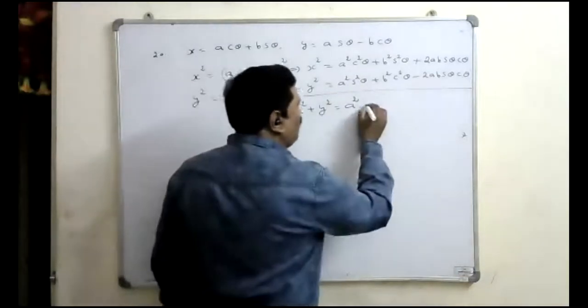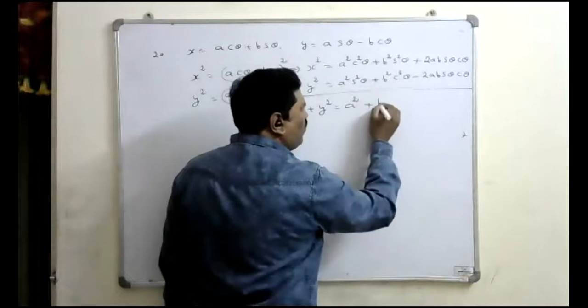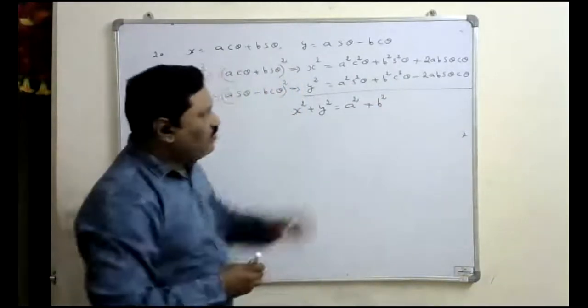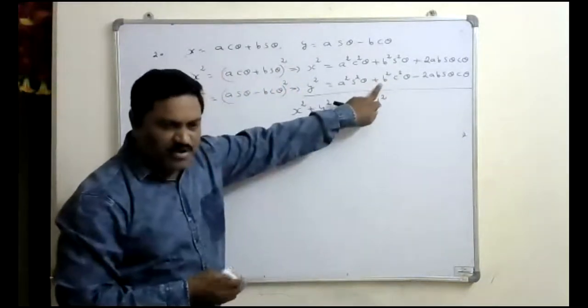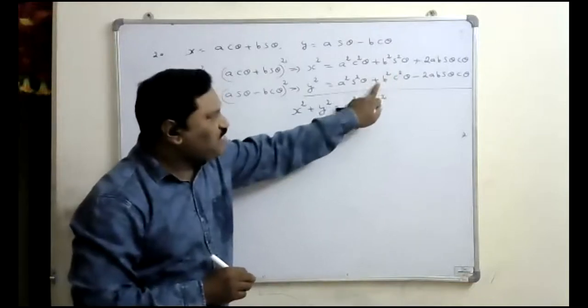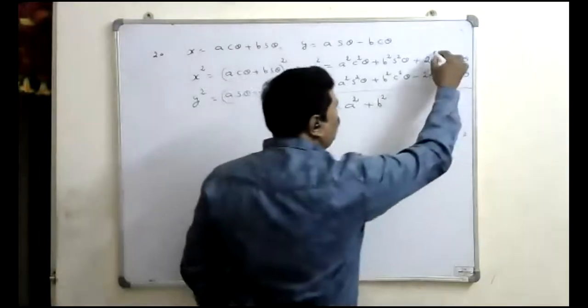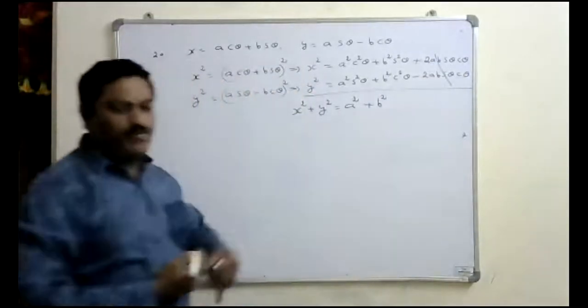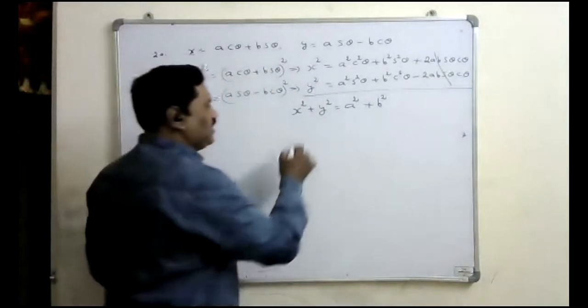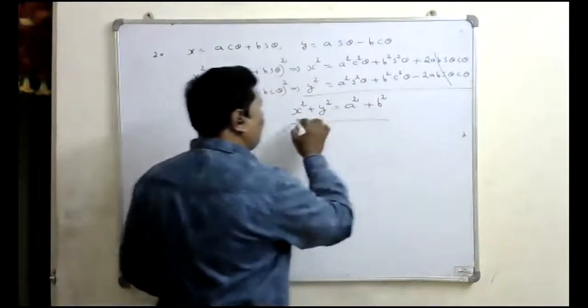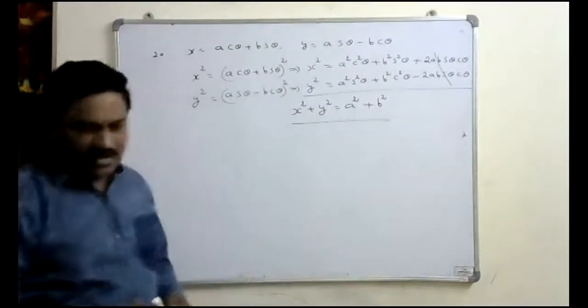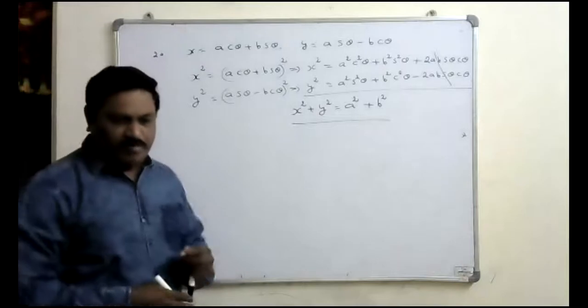From the next two terms, I can take b square common. The remaining is sin square theta plus cos square theta, which is 1. And if I add them, these two terms are getting cancelled because they have opposite signs. Therefore, a square plus b square value is x square plus y square. So this is the point we have to remember.